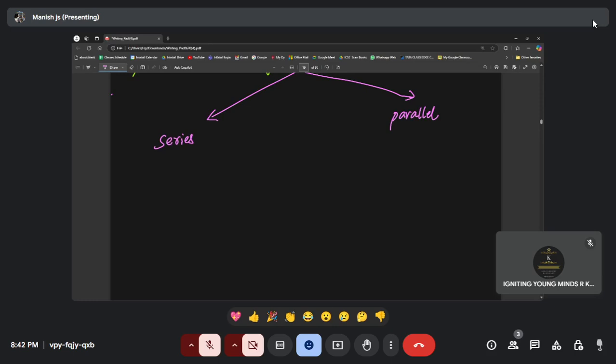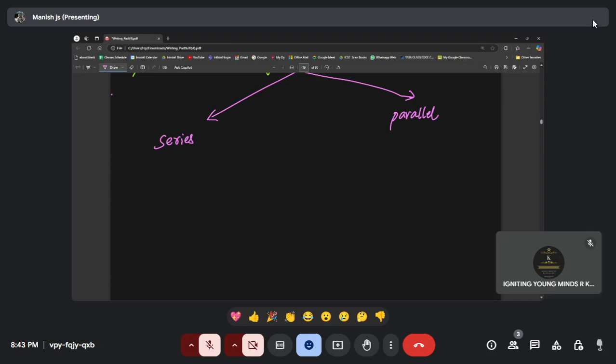So when they are connected one below the other, that type of combination is called parallel combination. For example, a railway track is a classic example of parallel combination. You can see how the ballast is kept between two rails. Ballast is nothing but the cement stones which are kept between. So that is an example of parallel combination.